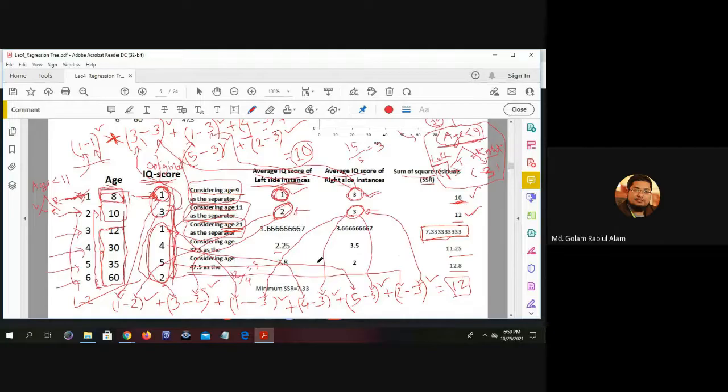I think there is no need to explain these things again. We do the similar process for all other separators: 21, 32.5, and 47.5. You will get sums of square residuals like 7.33 for S21, 11.25 for S32.5, and 12.8 for 47.5.